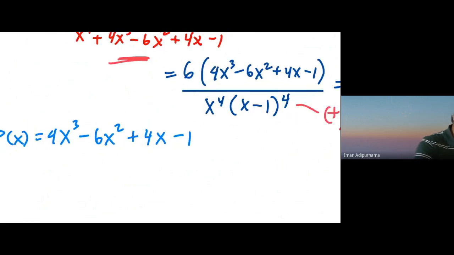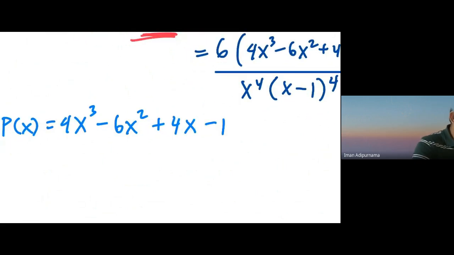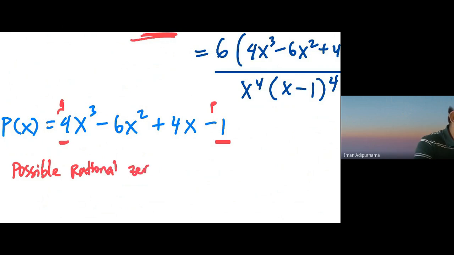Okay. Look at this. This is 1 at the very end, right? The constant. In the front you see 4. Okay. So to find first, if we are having this little p, little q, we will have possible rational zeros or rational roots.